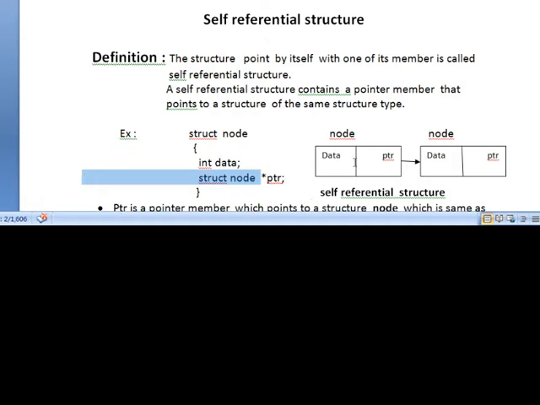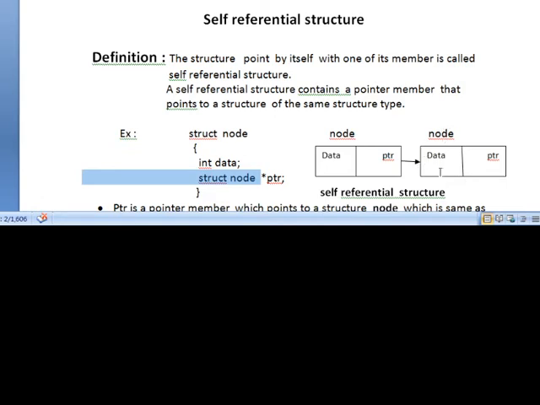In this example, node, we have two parts. Node is a structure. This particular node structure has two parts, data and pointer. Again one more node is there, data and again PTR. As per the definition of self-referential structure, the PTR part of the structure refers to the same structure.